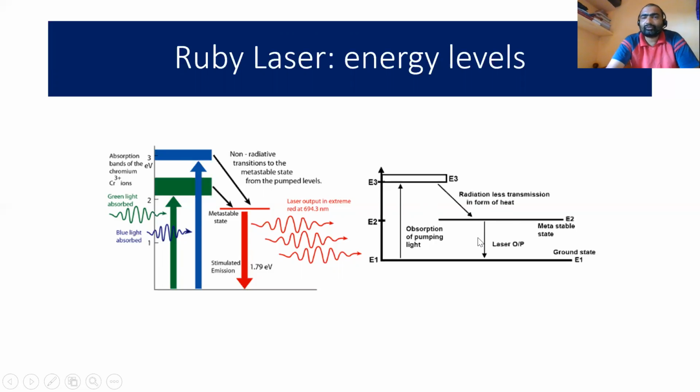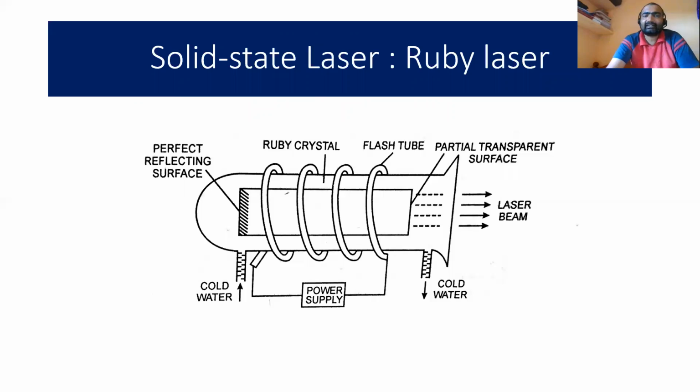These two photons will stimulate two more chromium ions in E2 state before its lifetime. So now four red photons of 6943 angstroms will be produced. In this way, 4 become 8, 8 become 16, 16 become 32. The process will get multiplied and finally a laser beam will be emitted from the partially transparent surface.